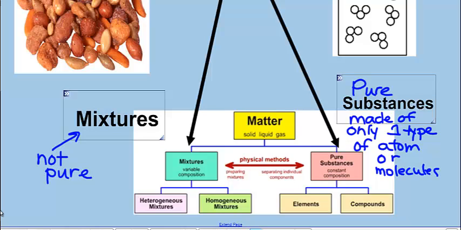Whereas mixtures are made of more than one type of atom or molecule. There's more than one type of thing or matter in the container.